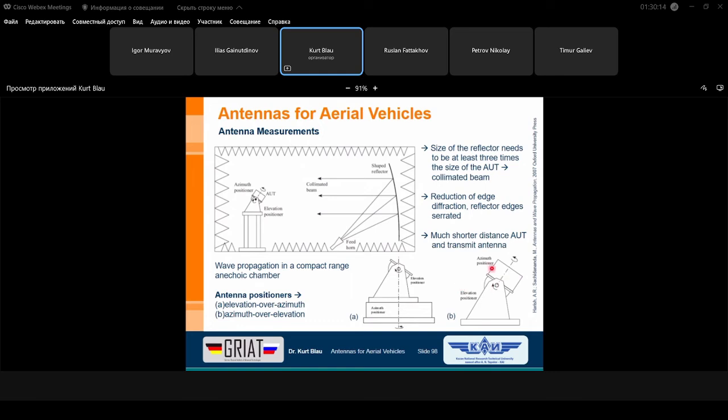Then you turn the antenna in the azimuth, and then if the measurement is realized, then you can change the elevation angle, and then you can move it again. And so with these two different positioners, you can measure every point around the antenna.